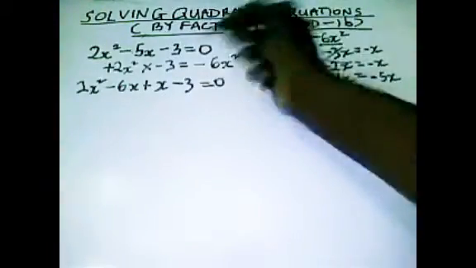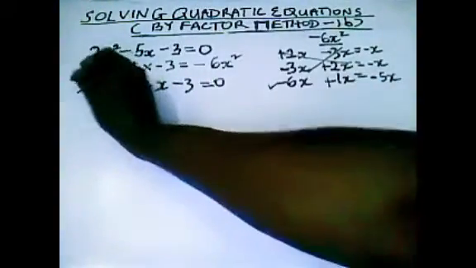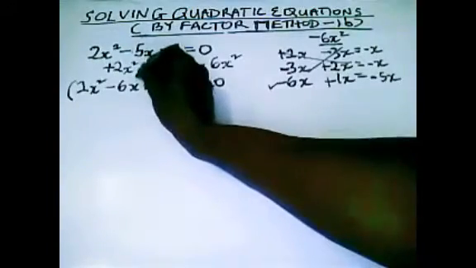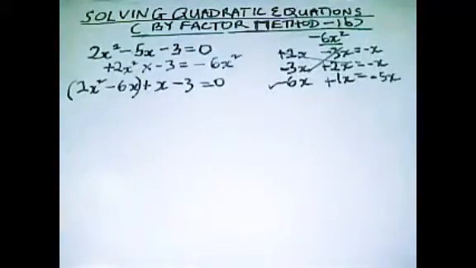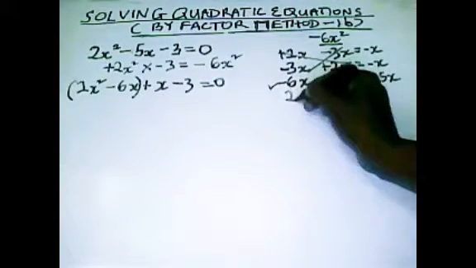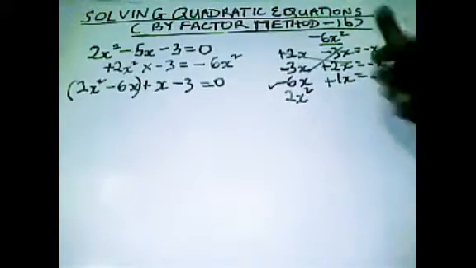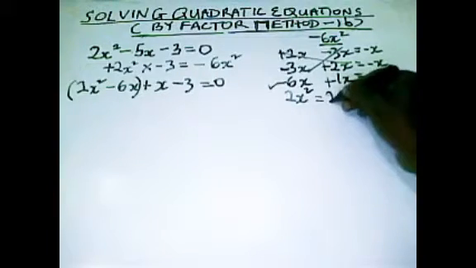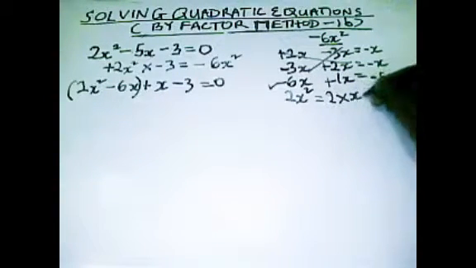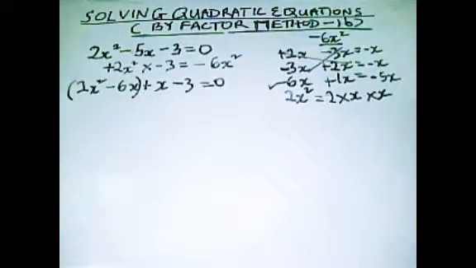Now, from what I taught in the first lesson, the next thing to do here is to group these first two terms and to look for their HCF. How do we get the HCF of 2x squared? We expand. So we write it as 2 times x times x.